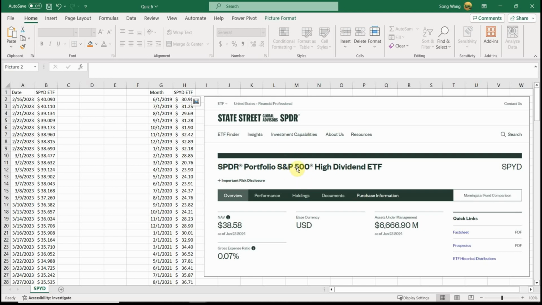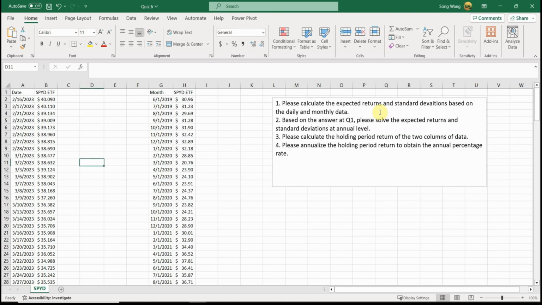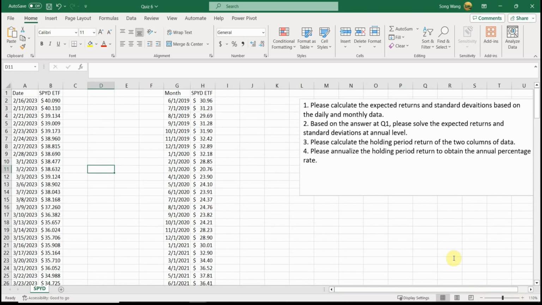Okay, so what you're going to do here is calculate the expected return and standard deviation, and then annualize them based on the daily data and the monthly data. This quiz is actually very close to your class exercise number 3.